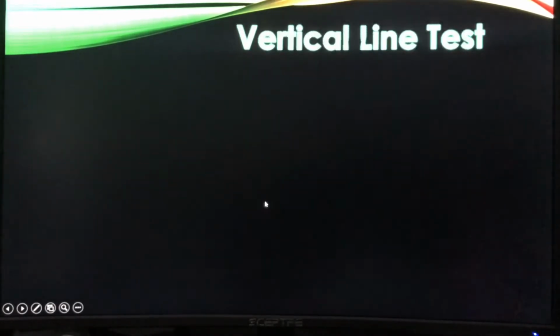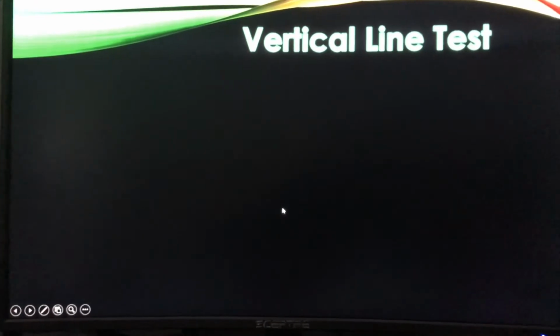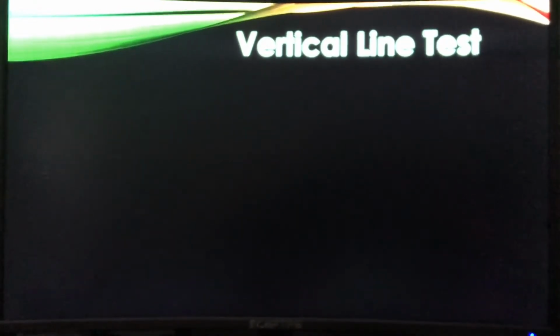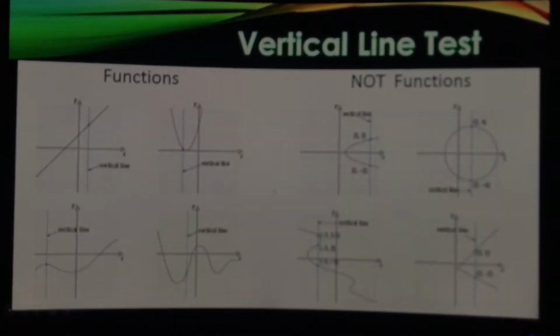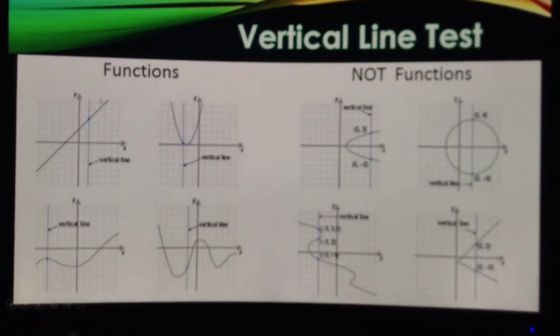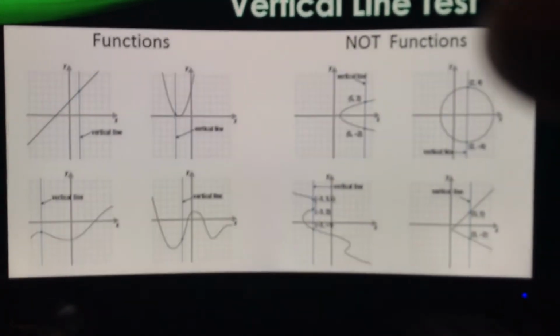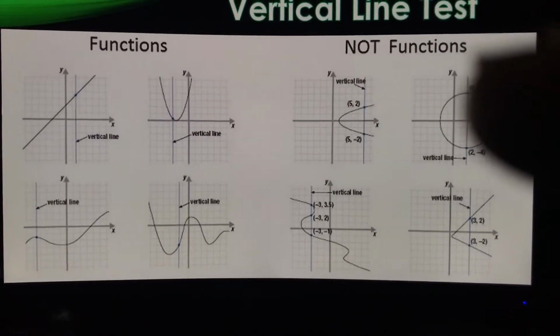There is something as well called the vertical line test. So this is very straightforward, very simple, but for some, they can get confused sometimes. A vertical line test is when I have the graph of the function. Okay, let me fix this video for you so you can see a little better.